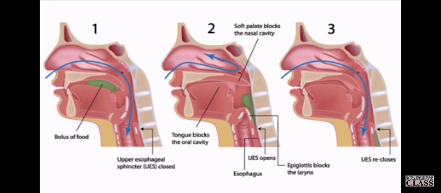When we are going to eat, that means our food is inside our mouth. At that time you can see the epiglottis is in the normal position. It is straight upwards. At the root of the tongue there is an upright position of the epiglottis.